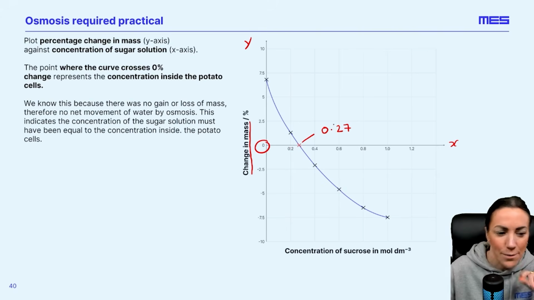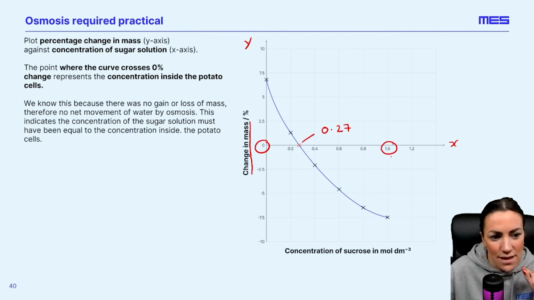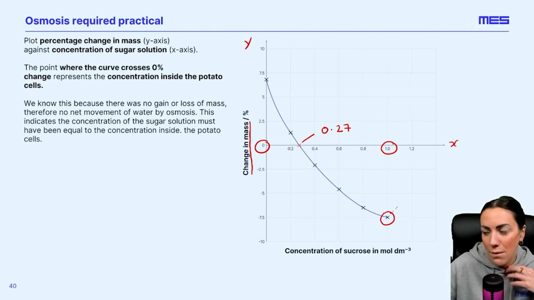by osmosis. If we just look at one other result, this one here, this potato cylinder was placed in the strongest concentration of sucrose solution, 1 mole per decimeter cubed, and you can see it's had a significant percentage decrease in mass. Now that should make sense to you guys now.